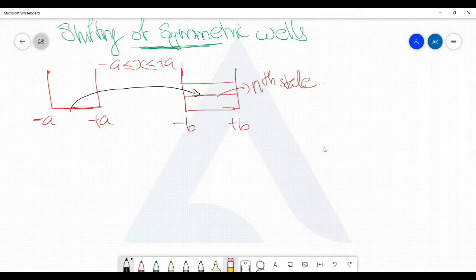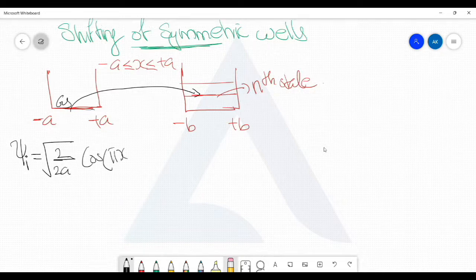What is the concept? First, you have to write the wave function for this state, that is psi initial, that is equal to root of 2 by length. Length is minus a to plus a, is 2a. Since it is a symmetric box, the ground state is cos pi x by 2a.